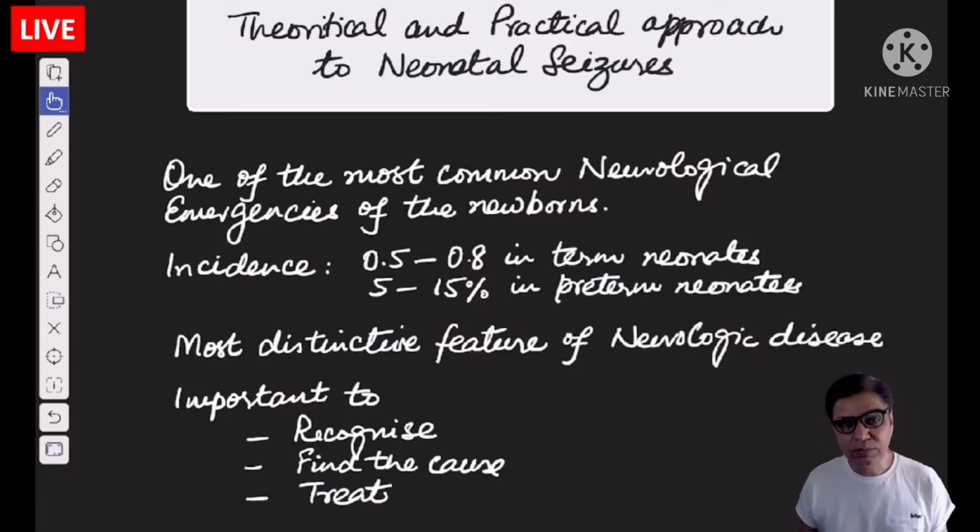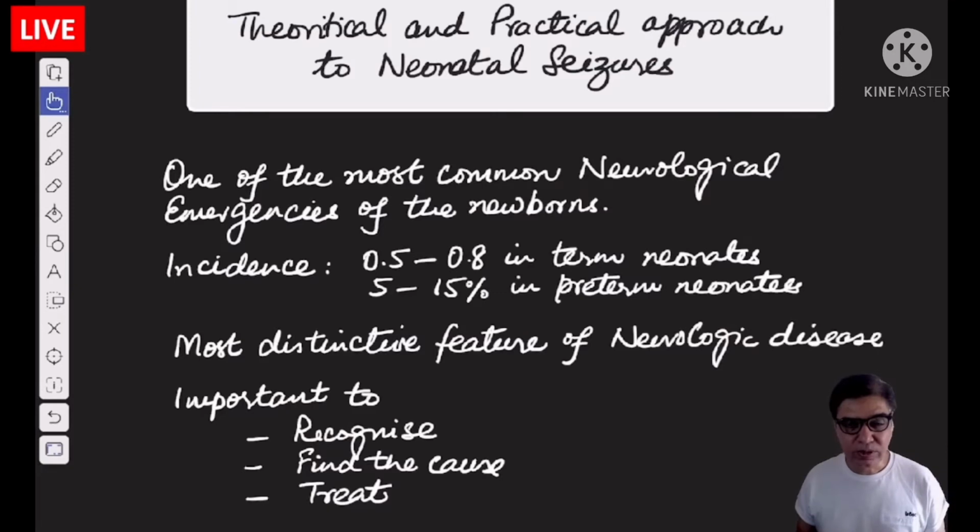It's also very important to recognize these seizures because most of the seizures in the neonatal period can be very subtle, so it might be very hard to pick them up clinically. So it's important to understand the different patterns of these seizures in newborns so you can visually pick them up.